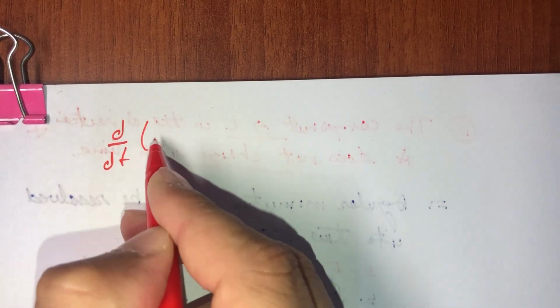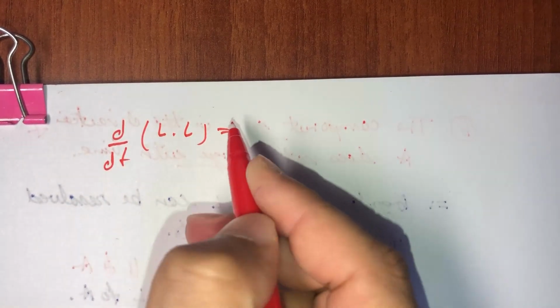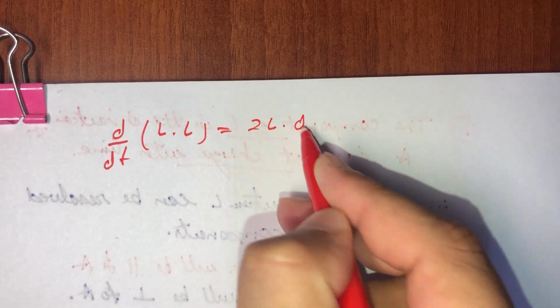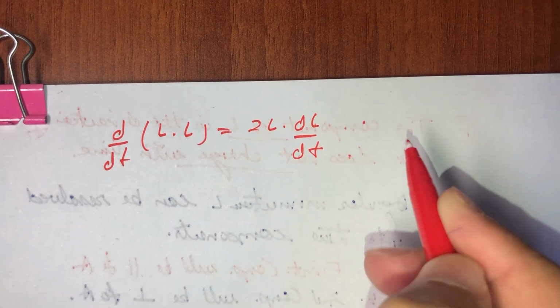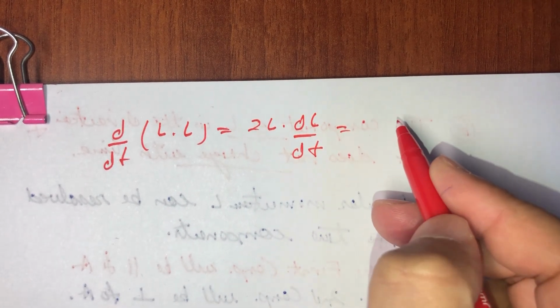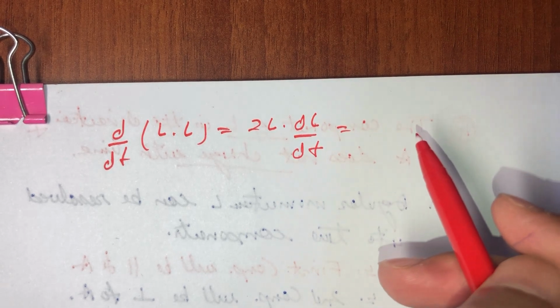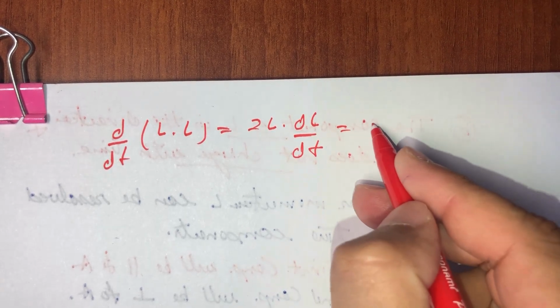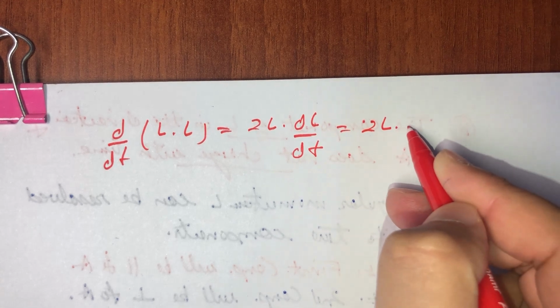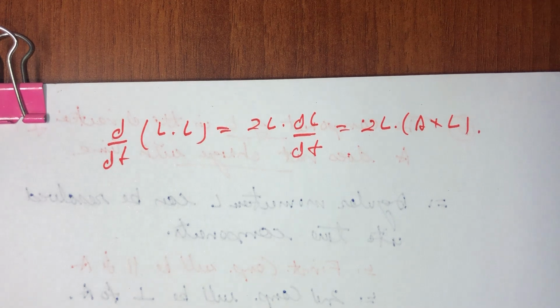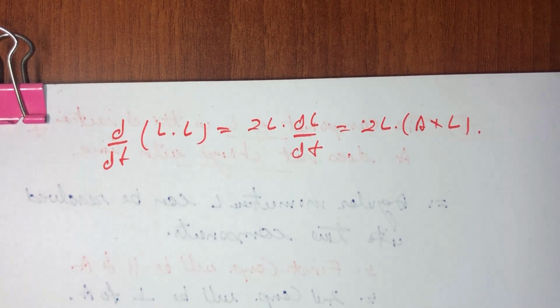Therefore, you can say d by dt of L dot L will be equal to twice L dL by dt, and dL by dt is A cross L. We substitute it here and we get this as A cross L, which is nothing but a dot product.